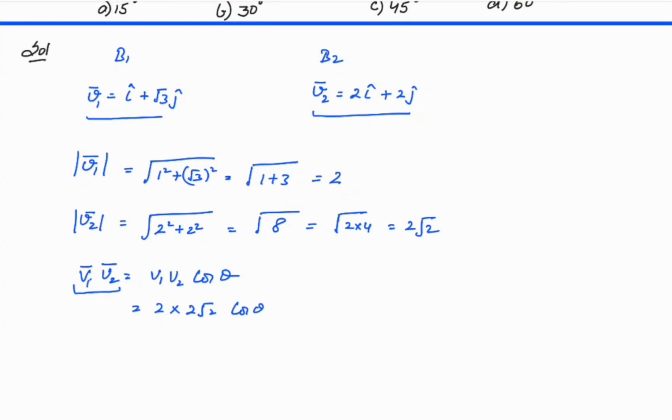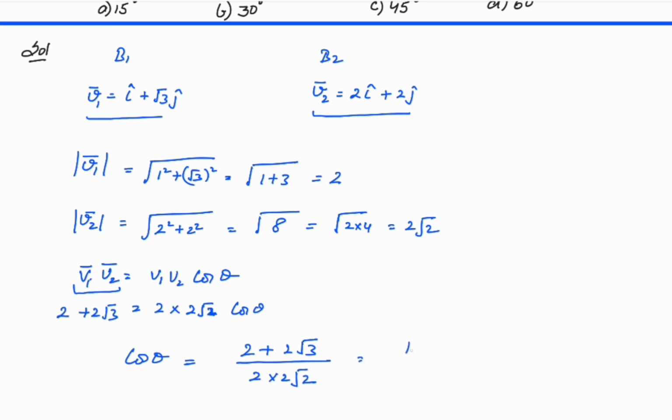How to find v1 dot v2? I multiply with I, j multiply with j. It means we will get 2 plus 2 root 3. Now solve this. Cos theta will be equal to 2 plus 2 root 3 divided by 2 multiplied by 2 root 2.